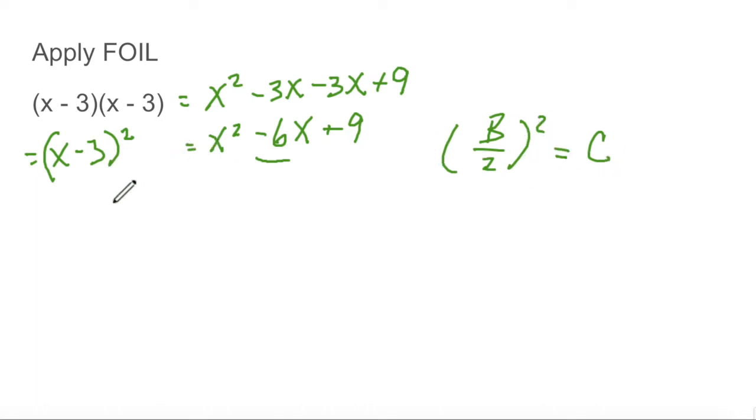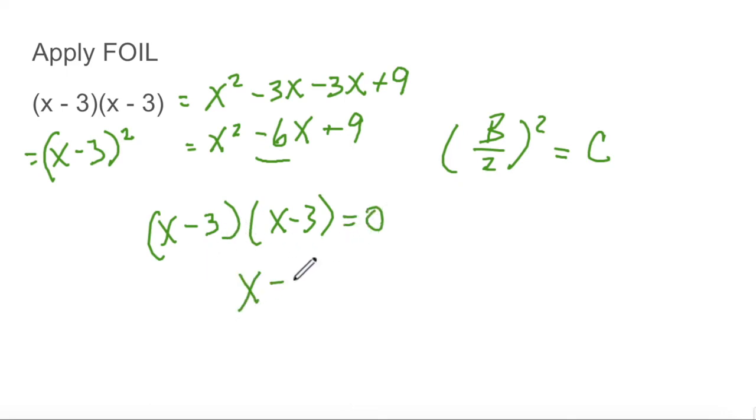Another note here, x minus 3, if we wanted to go ahead and solve this for values of x that satisfy this equation, if we set it equal to 0, x minus 3 equals 0, and then solve for values of x, well, we could set x minus 3 equals 0, which is one of these binomials, and we add 3 to both sides, and we get x equals 3.